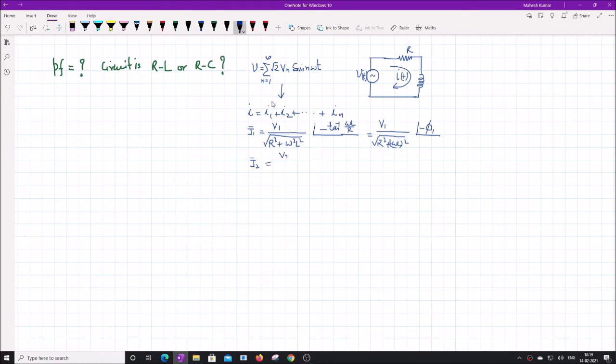I2 is V2 by the square root of R squared plus (2ωL) squared, because this is the second harmonic so you have to keep 2ω here, at angle minus tan inverse 2ωL by R, or simply minus φ2.